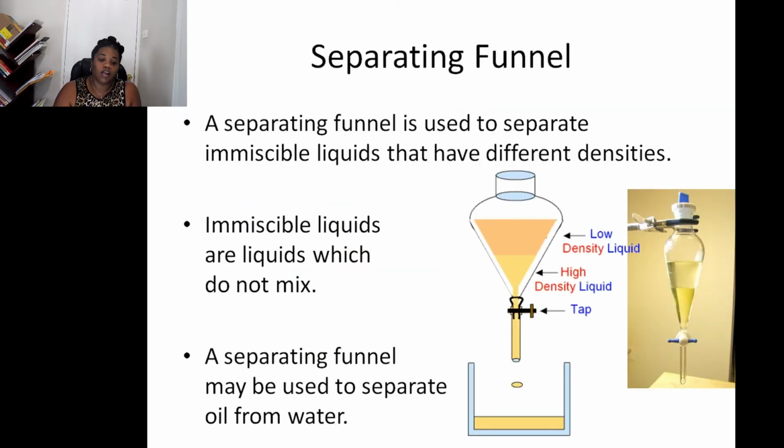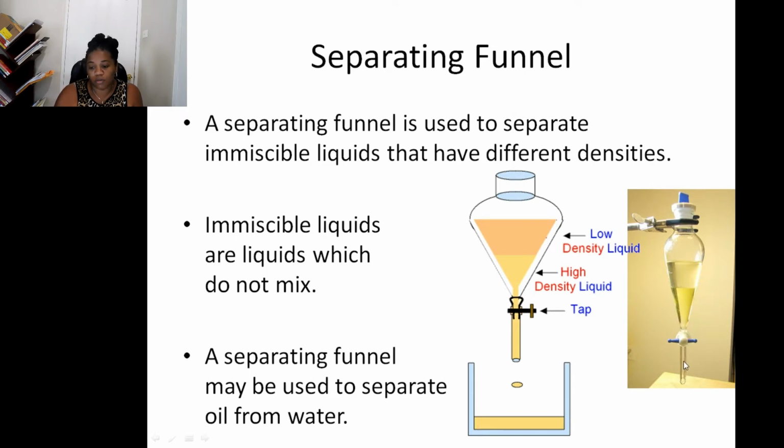Separating funnel. A separating funnel is used to separate immiscible liquids that have different densities. Immiscible liquids are liquids which do not mix. For example, oil and water, and here we have it. The oil is lighter or less dense than the water, so it would sit on top of the water, and what would happen is that you would turn the stopcock or the tap, and you will let off the aqueous layer, which is the water, right?